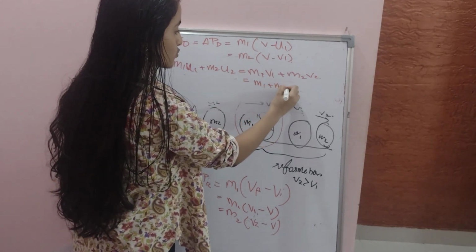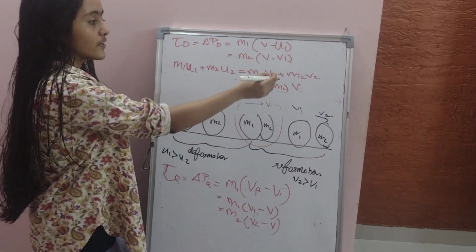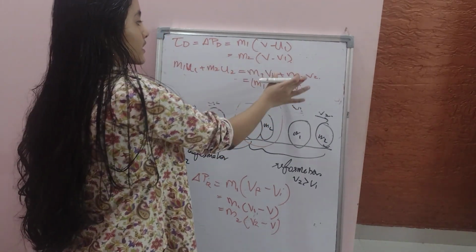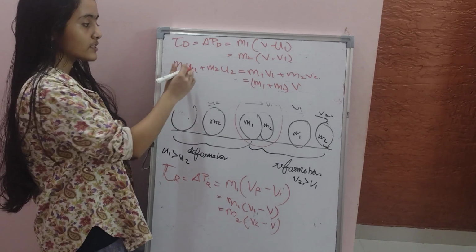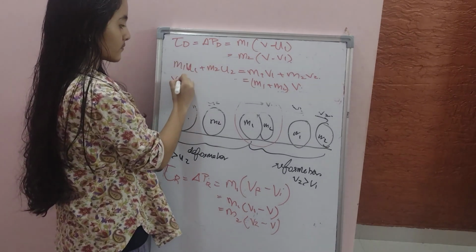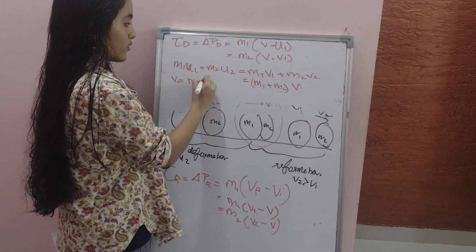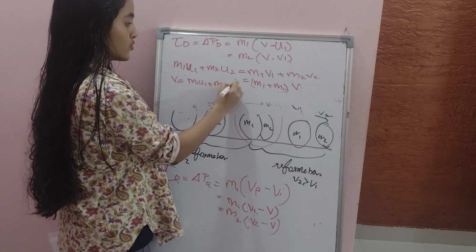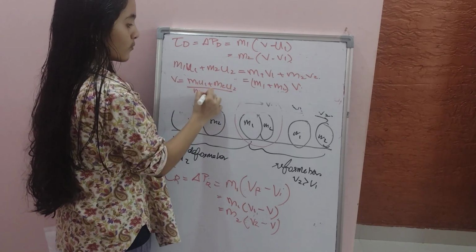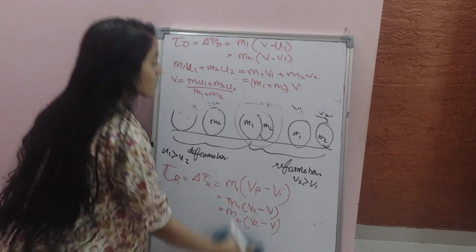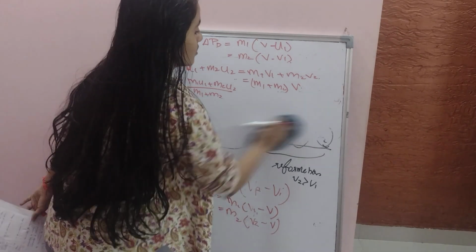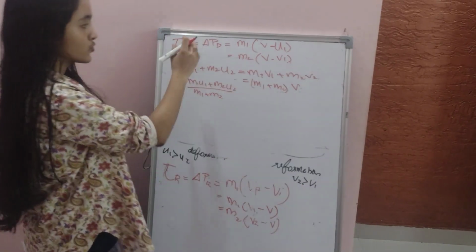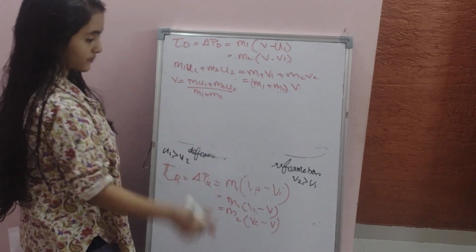From this we can write v in terms of u1 and u2: v is equal to m1u1 plus m2u2 divided by m1 plus m2. Now we substitute this equation into JD and JR.